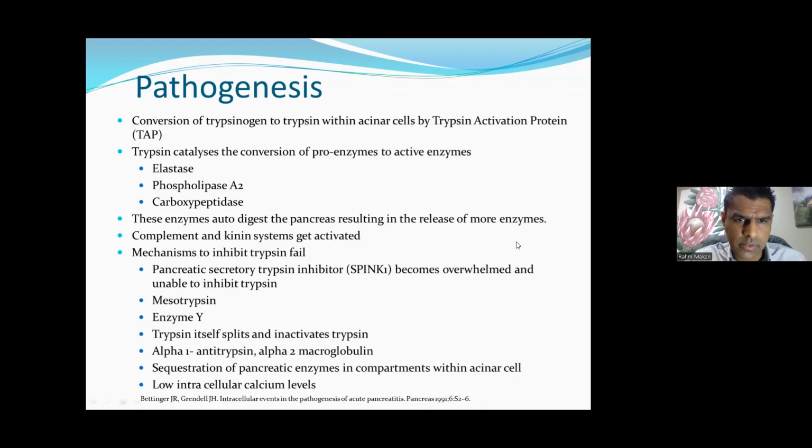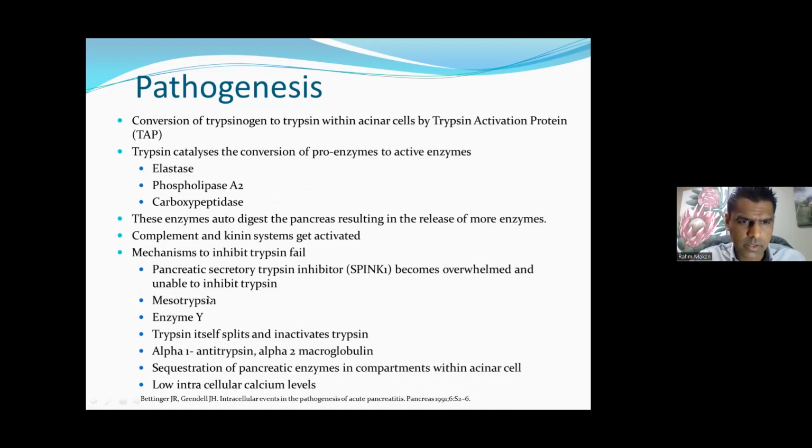And with this, the complement and kinin systems also get activated. This release of enzymes then overpowers the trypsin inhibition mechanisms. So these mechanisms fail and are unable to inhibit trypsin.